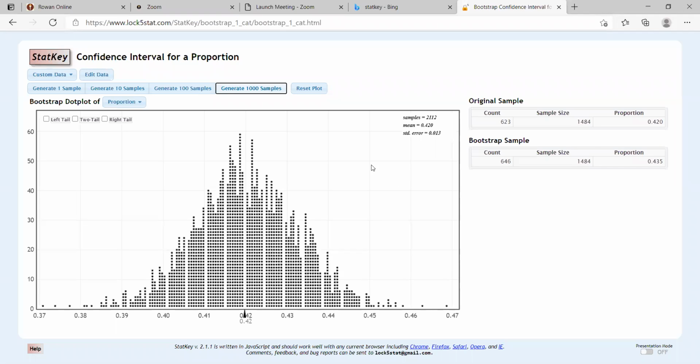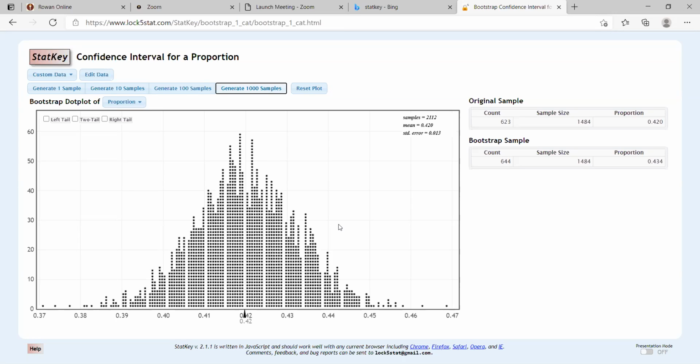And what we just created is what's called a sampling distribution. We've created 2,112 samples of size 1,484. And each of these dots represents the proportion of those 1,484 people in the sample who said yes to the question, TV's a necessity. All right. Any questions about what we just did, what I just created here?